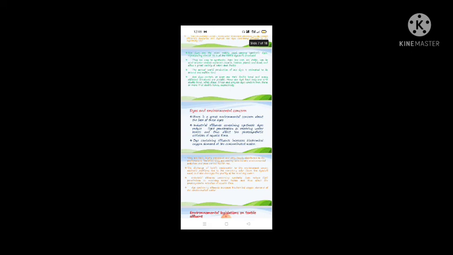Dye-containing effluent also increases the biochemical oxygen demand of the contaminated water, and in this way dye causes a great environmental concern.